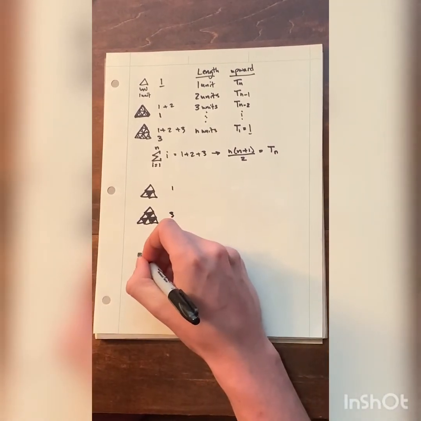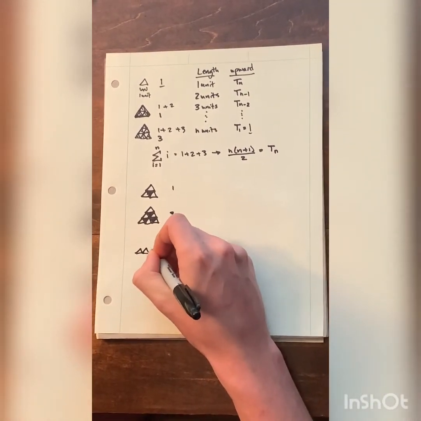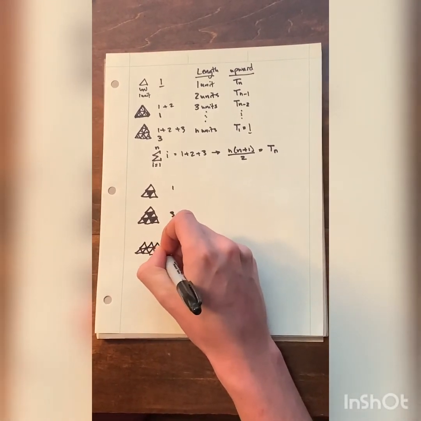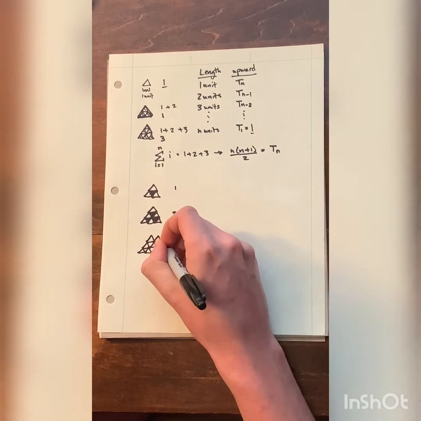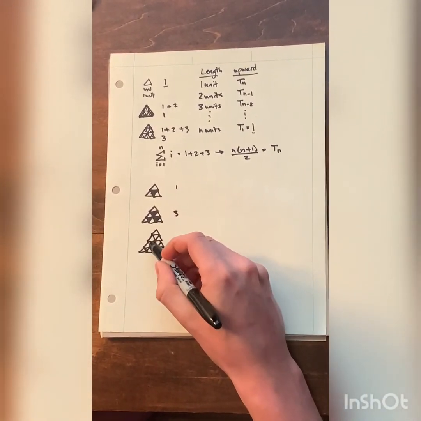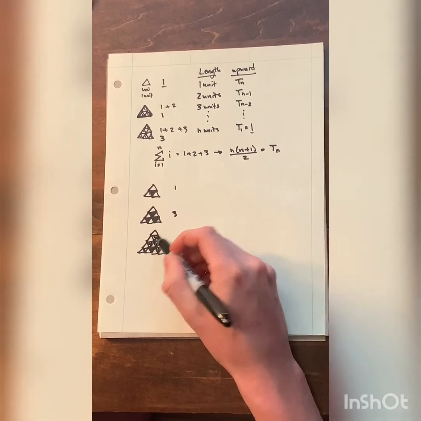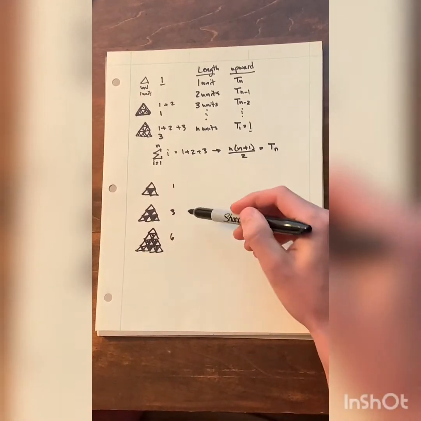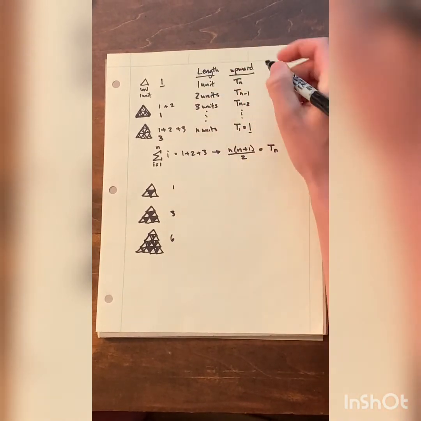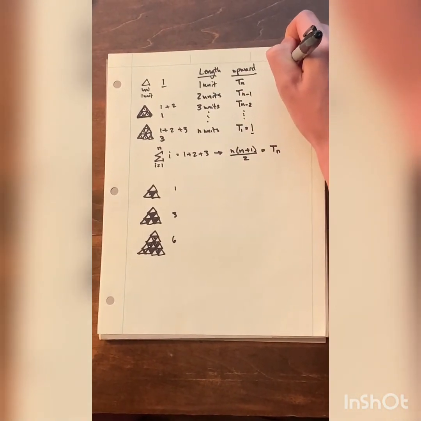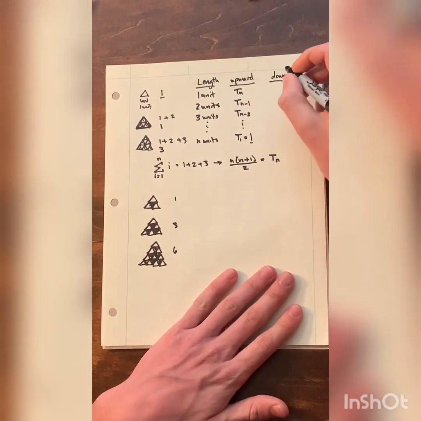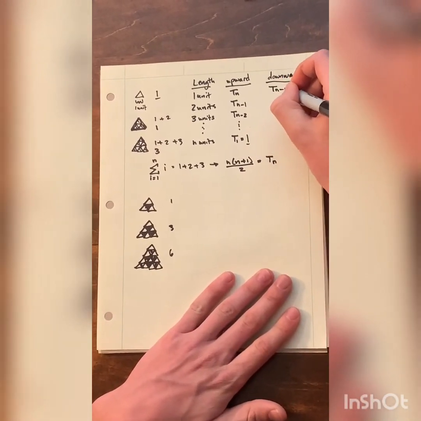And if we go to the 4th one, just for good measure, we can make 1, 2, 3, 4, 5, 6. You see here it's the same pattern that we had up here, just shifted down 1. So we have downward, and this is equal to t sub n minus 1.